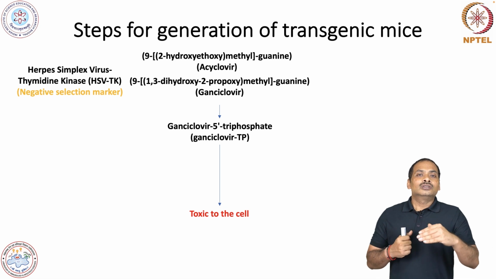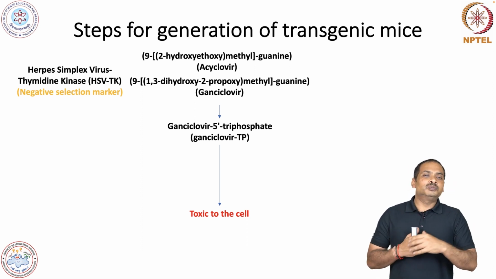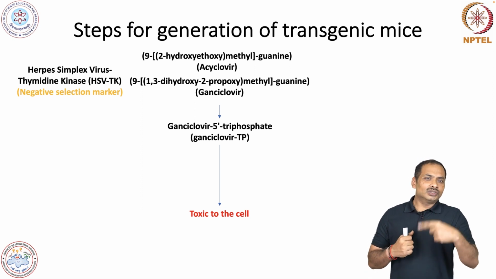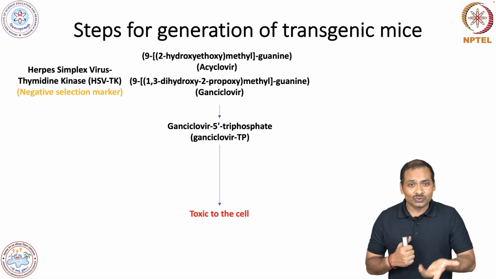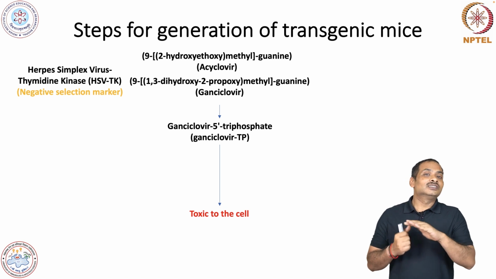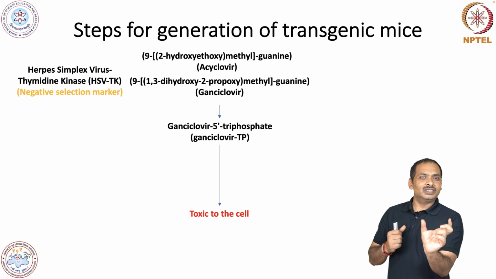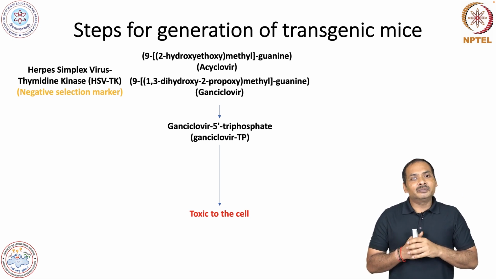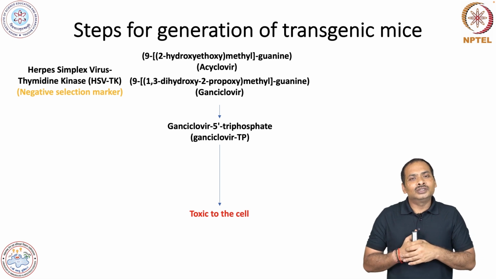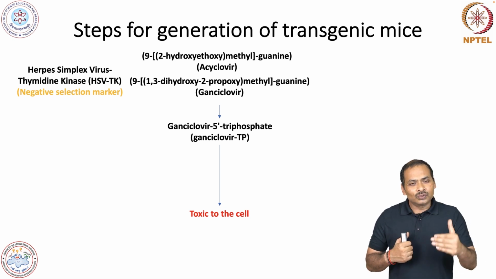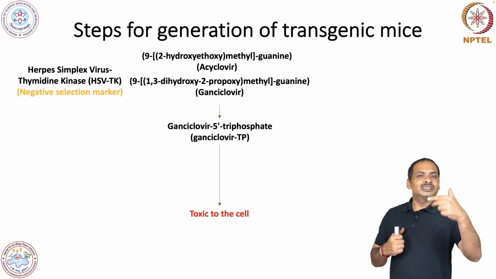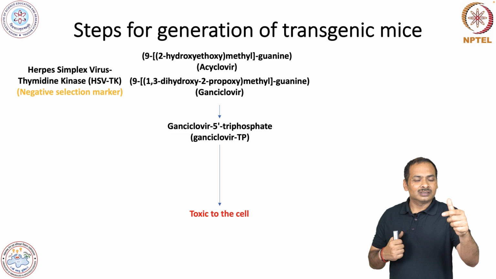Okay. So, to select further, we put ganciclovir on those cells. If those cells grow in ganciclovir also, then it is not the correct cell. Why? Because the whole DNA fragment is incorporated into the genome, and it means it is not a useful cell. What you want is that this targeting vector should be present in the correct locus in the genome.